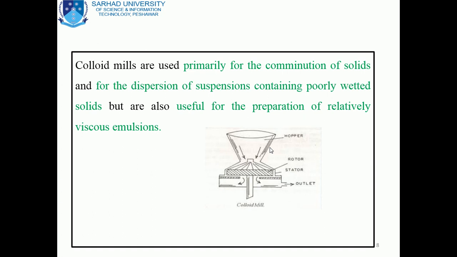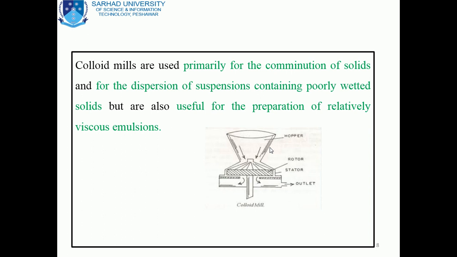It means that there are three main uses of this piece of equipment, termed as colloid mill. It is primarily used for the particle size reduction of solids and for the dispersion of suspensions that contain poorly wetted solids, as well as for the preparation of pharmaceutical emulsion.